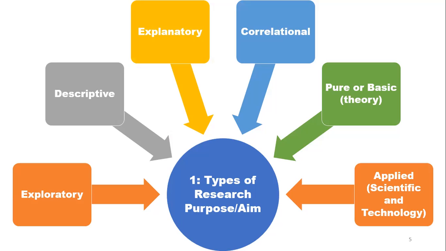The applied research is based on the application of sciences and technologies to solve a particular problem. When it is this applied research, it could be divided into two: the scientific applied research and the technological applied research.